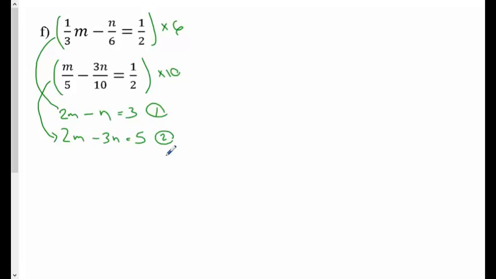Okay, so since I have matching coefficients here and they're both positive, I'm going to subtract. So let's jump up here, 1 minus 2. And just be careful here with your integers.